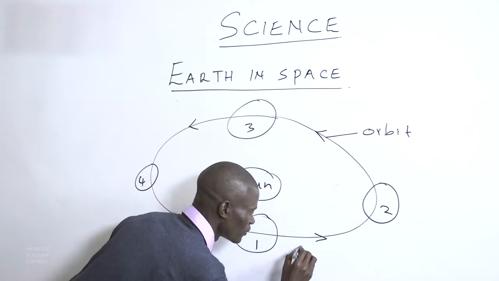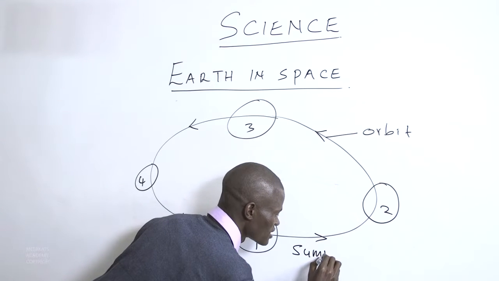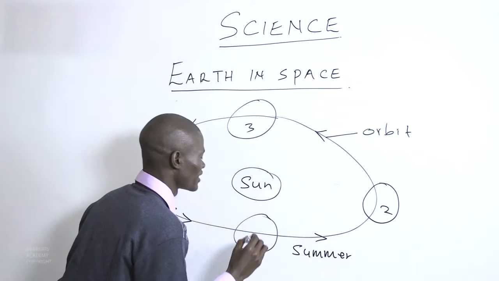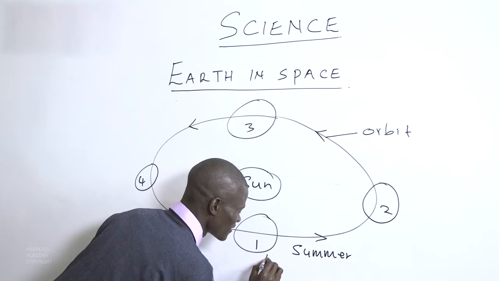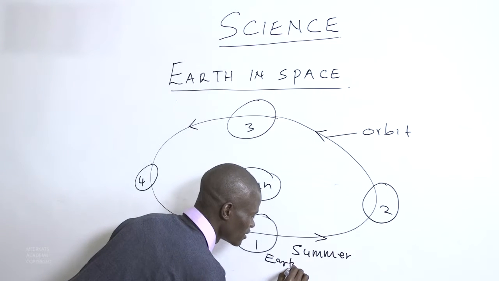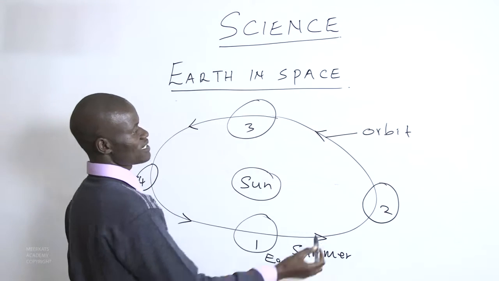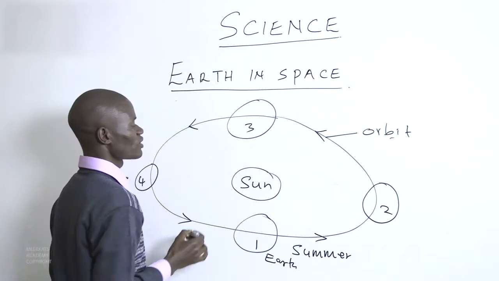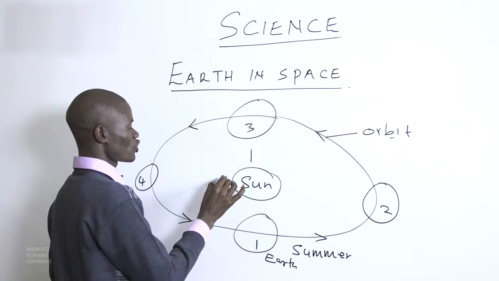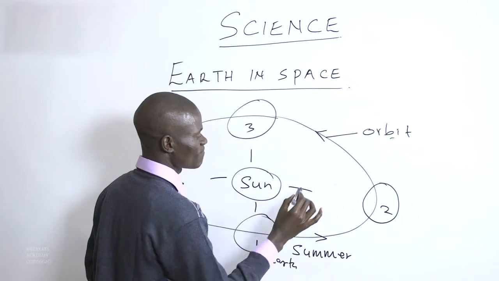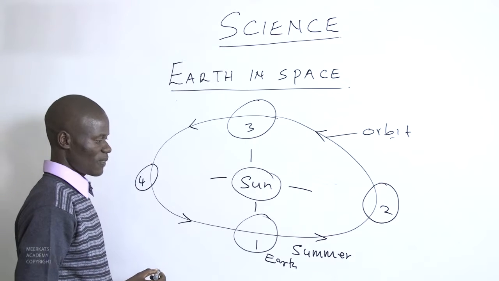This season we can know as summer. These represent the Earth. The Earth is following the path, that is the orbit, as it goes around the sun. The sun gives constant light in all directions.